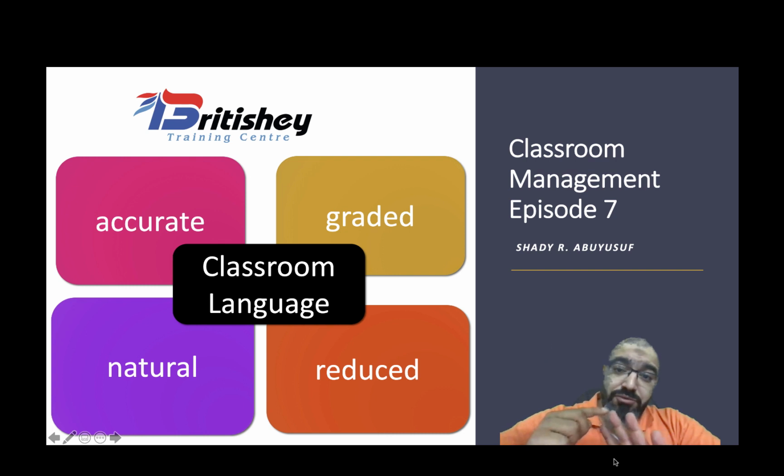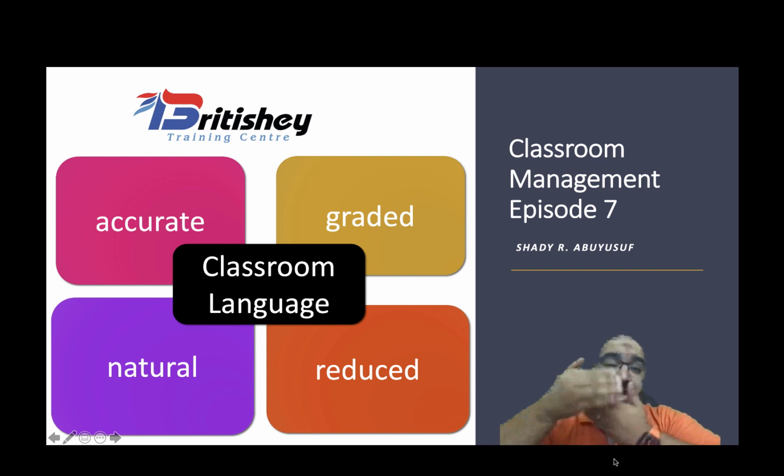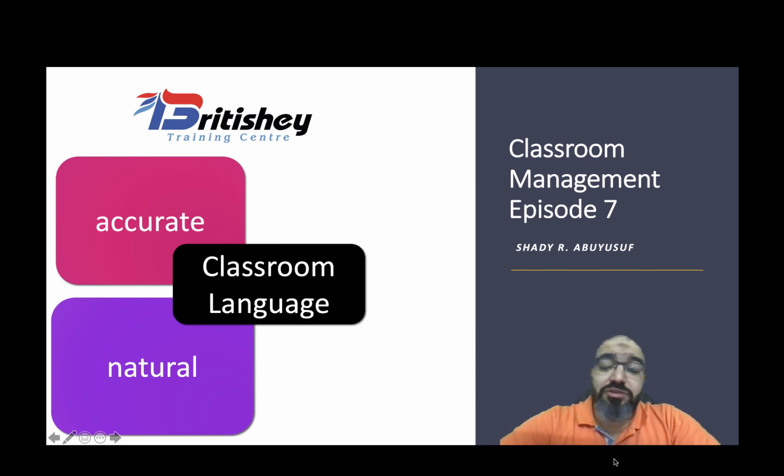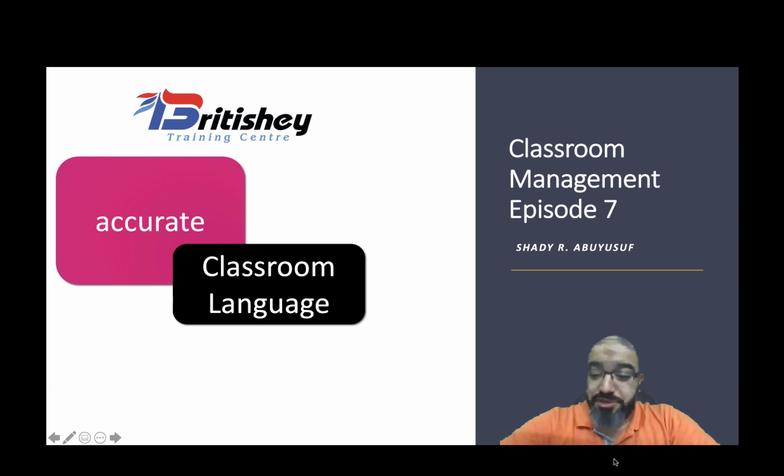So we've got four main characteristics of classroom language: accurate, graded, natural, and reduced. So let's see one by one and talk a bit about each one of these characteristics. So we're going to start with accurate.